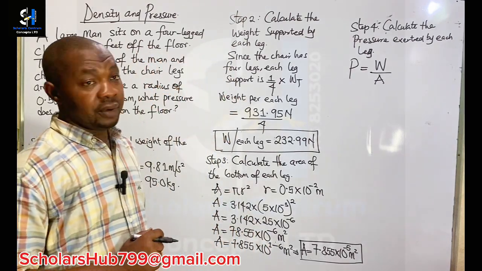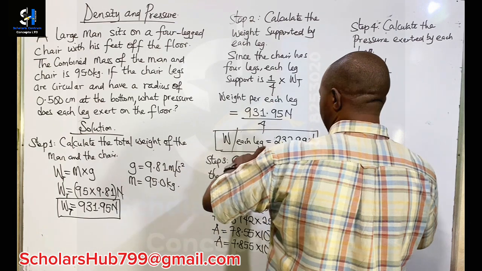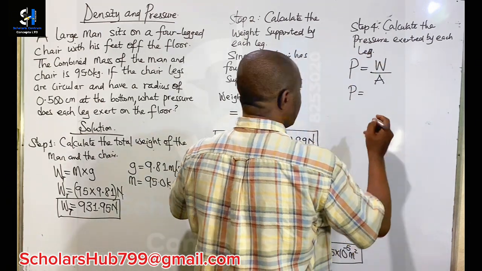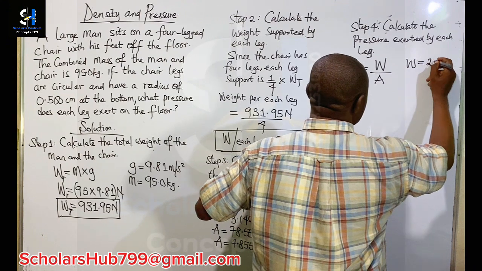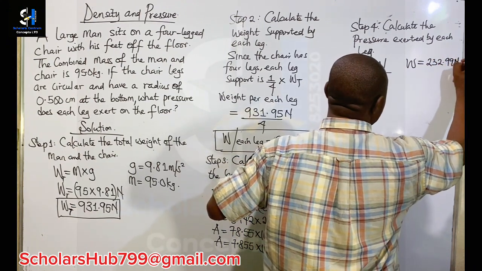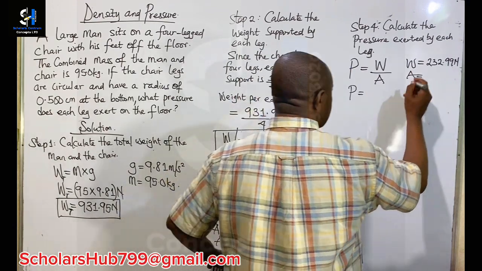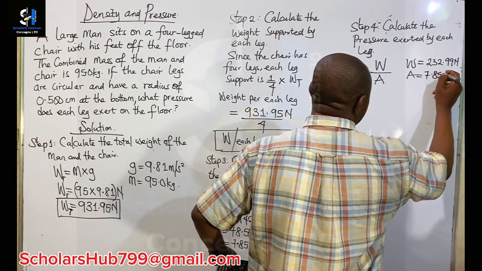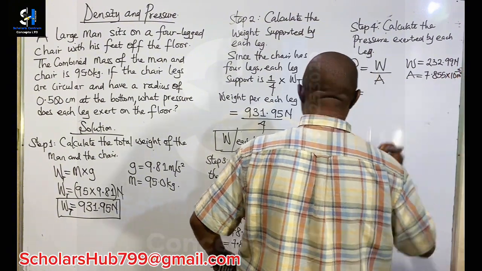Weight over area. So in this case, this will be this value, the weight per each leg. Remember, this value is 232.99 Newton. So we bring that here, and we know that the area is 7.855 times 10 raised to the power of negative 5 square meters.